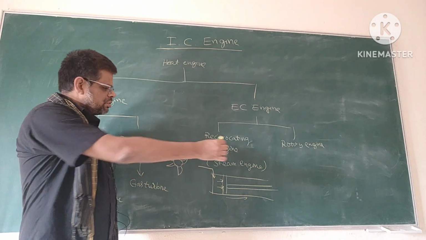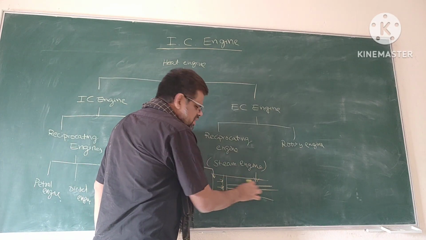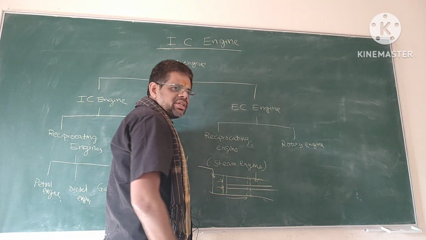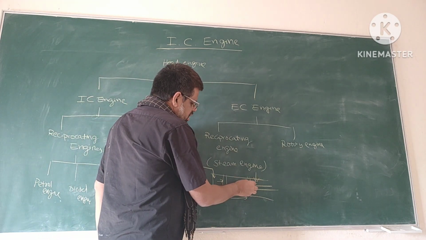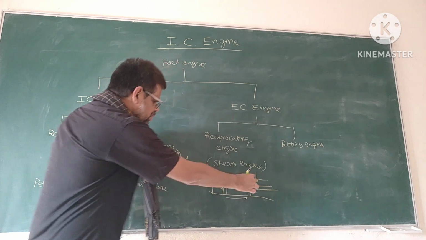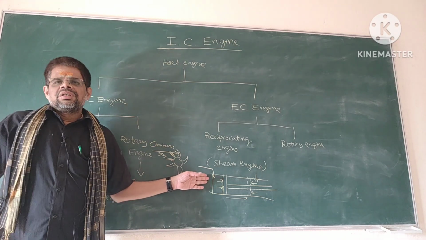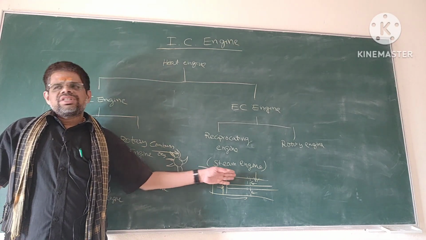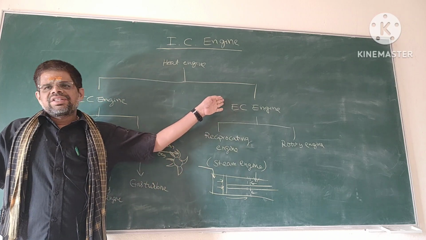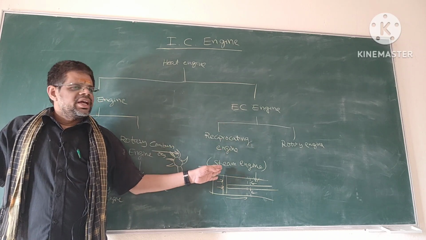And if you want to bring it back, the steam is allowed to enter from the other side, and its pressure moves the piston back. Like this, by allowing the steam on both sides of the piston, you can achieve reciprocating motion in external combustion engines. So this is a steam engine.